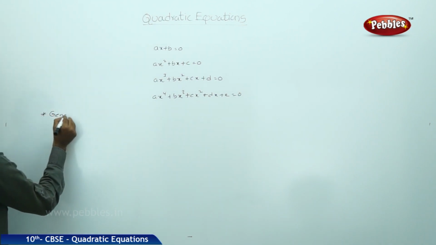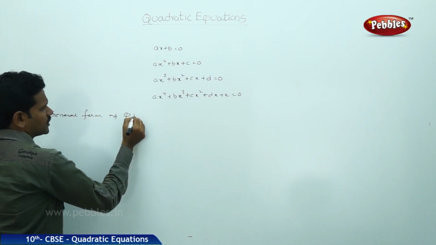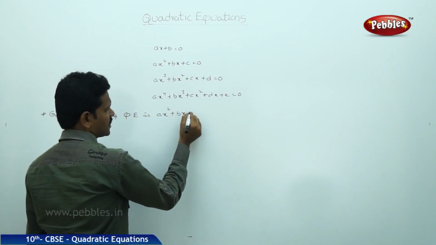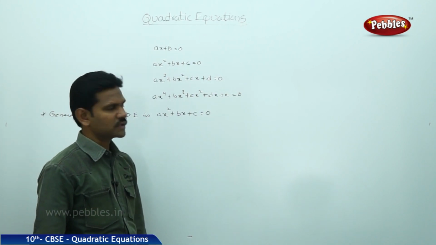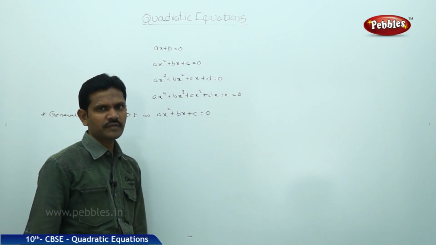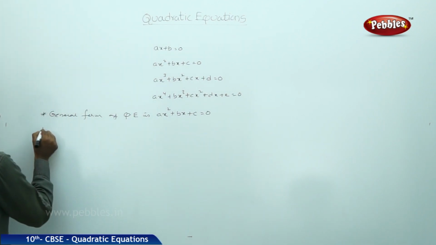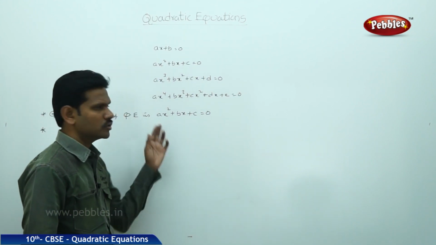The general form of a quadratic equation is ax square plus bx plus c is equal to 0, where a is the coefficient of x square, b is the coefficient of x, and c is the constant. And the maximum number of roots of a quadratic equation is 2.